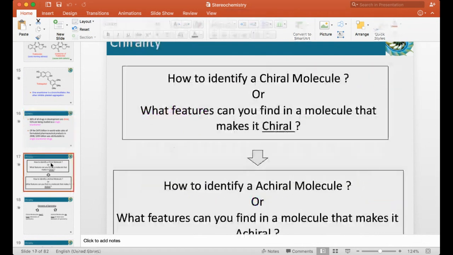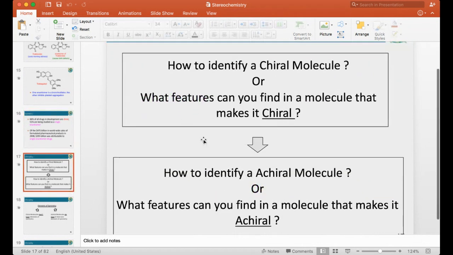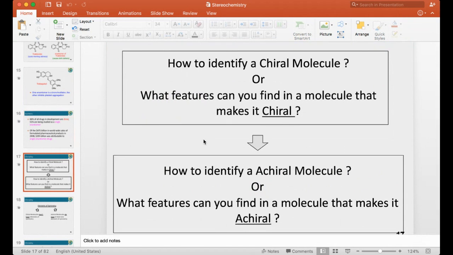Okay, so next thing that I want to question that comes to your mind should be, okay, so we're talking about chiral molecules, enantiomers, diastereomers, and then how do I identify a chiral molecule? I just said, because obviously drawing the mirror image, superposing the mirror image can be very challenging. It takes time to get used to that.